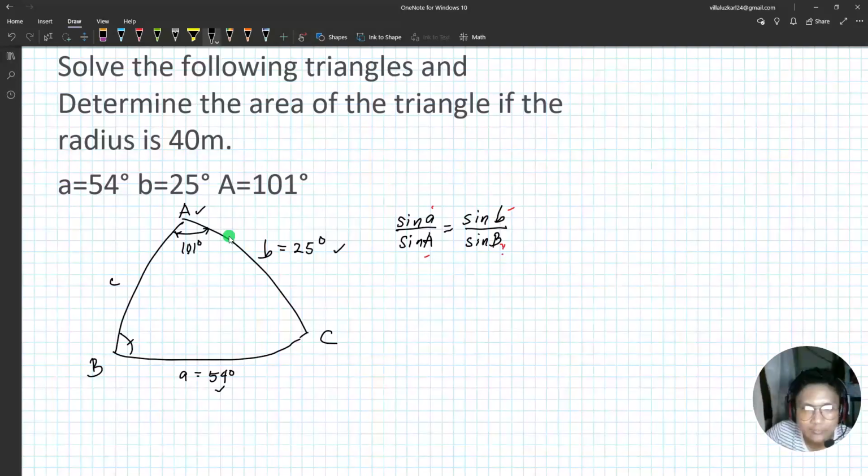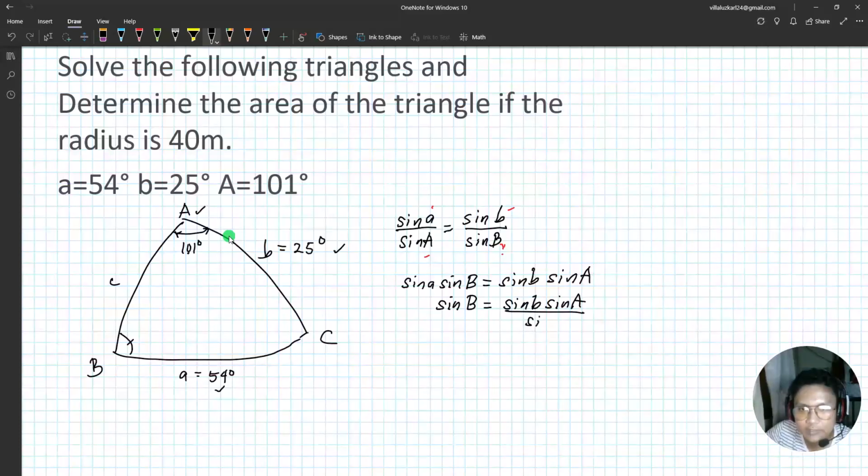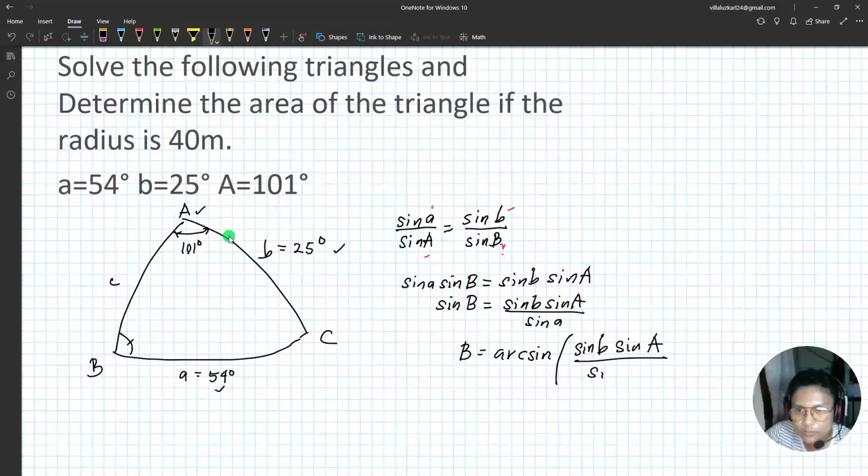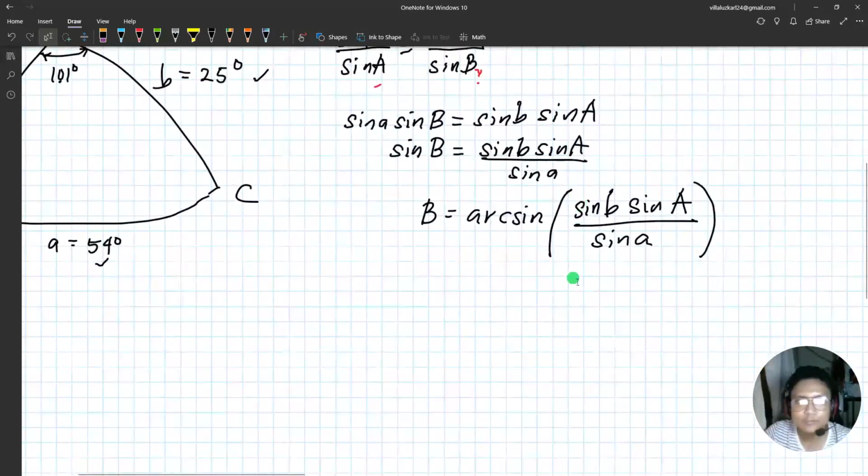We will have sine of A sine of B equals sine B sine angle A. Divide both sides by sine of side A. We will have sine B equals sine A divided by sine side A. Transpose the sine function, we have arc sine of sine B sine of angle A over sine of side A. Substitute the values here.